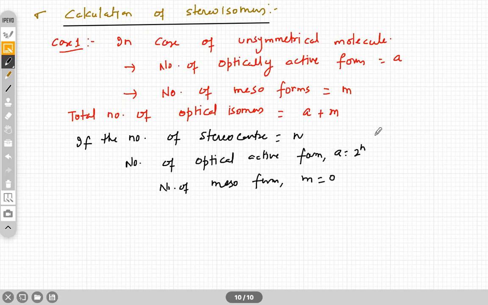I'll give you an example, you will get it. Suppose we have a molecule CH3, CHOH and COOH.